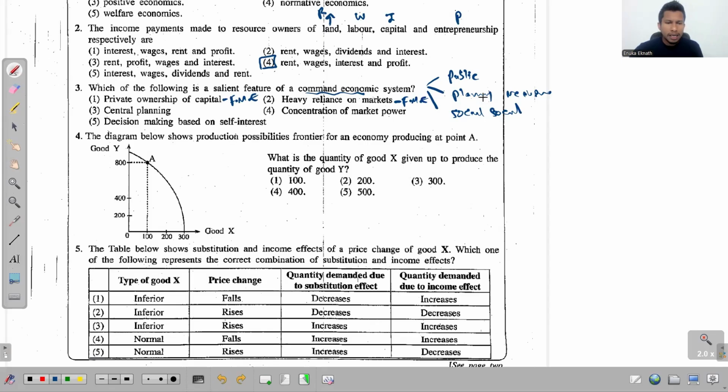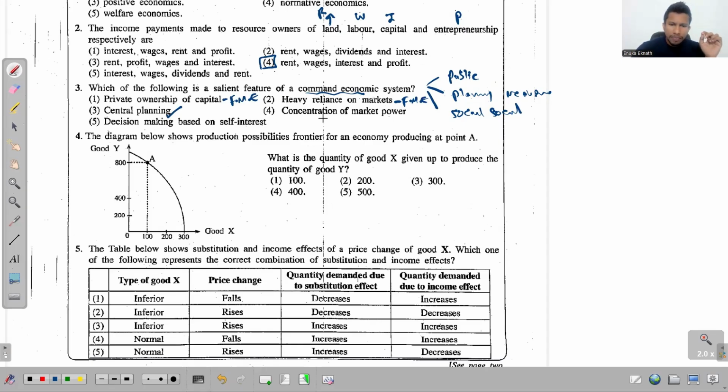See, I told you that these economies solve their basic economic problems using a planning mechanism. So the central planning authority makes all the decisions related to what to produce in what quantity, how to produce, and whom to produce for. So central planning is a salient feature in command economic systems.